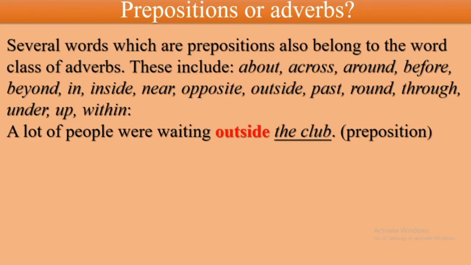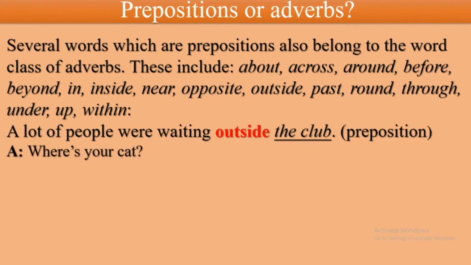I have already discussed it. That is, a preposition must have an object which is a noun or pronoun or a gerund, and when the same word is an adverb, it is not supposed to have any object, and an adverb of course modifies the verb. Here are some examples.